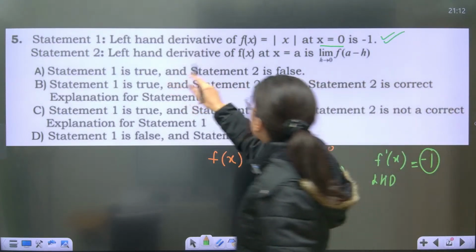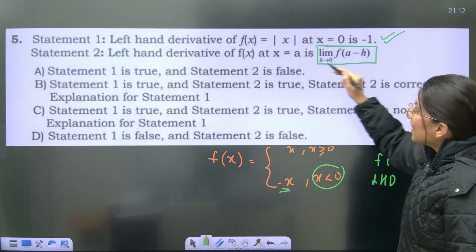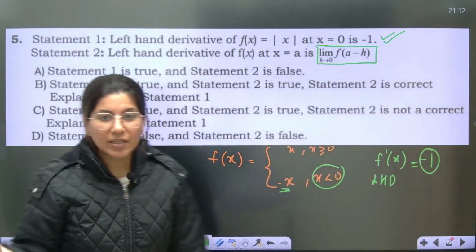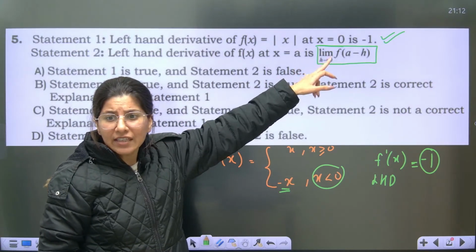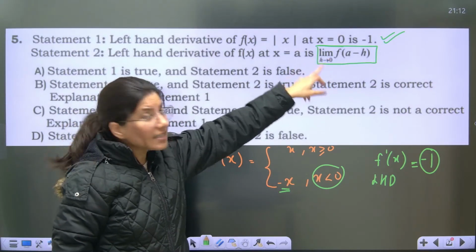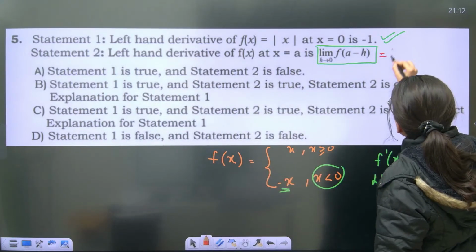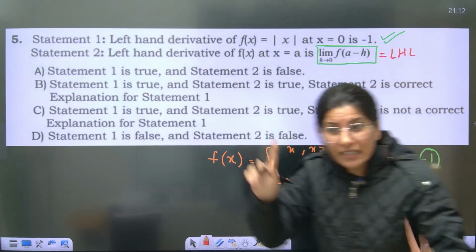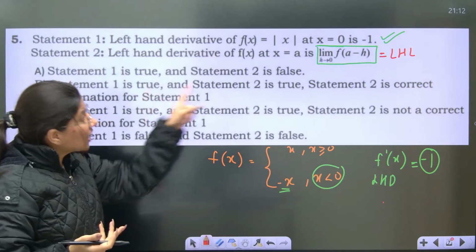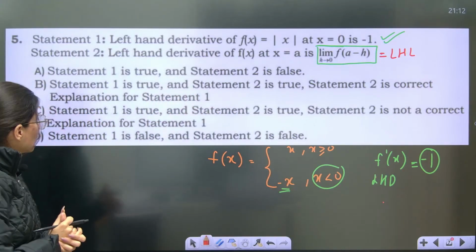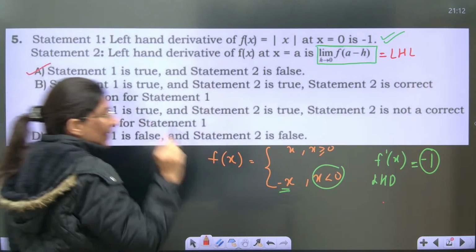And if I talk about left hand derivative of fx at x equals to a, see, in statement 2 they are saying that the left hand derivative is this. No, this is not a left hand derivative. Understand, this is left hand limit. What they are giving is your LHL, not LHD. There is a difference between left hand limit and left hand derivative. So that means statement 2 is incorrect. So statement 1 is true and statement 2 is false. Option A is absolutely right.